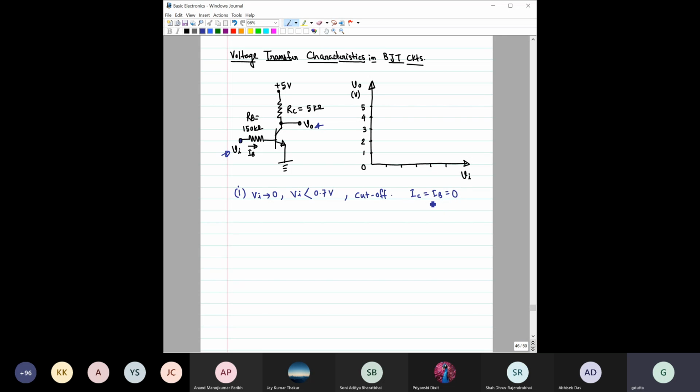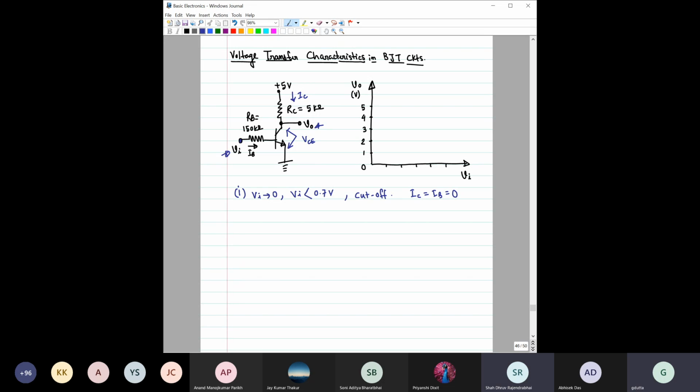If IC equal to 0, then there is no drop across this RC. Then what would be the output voltage? This output voltage is nothing but this VC.